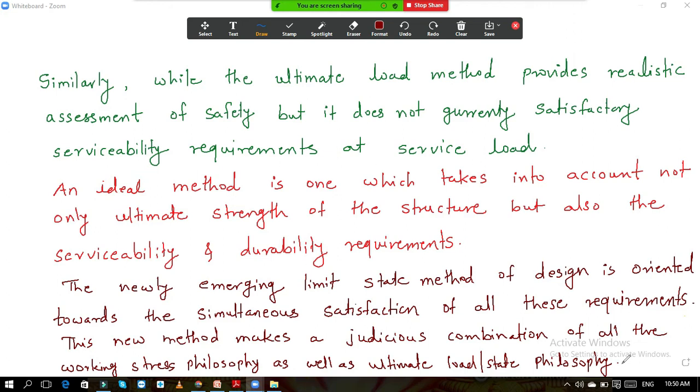Now the next thing is, what is the limit state method? This is the definition.